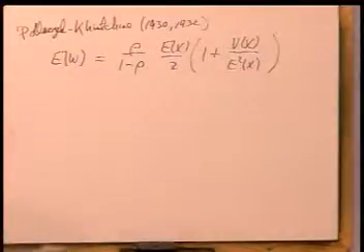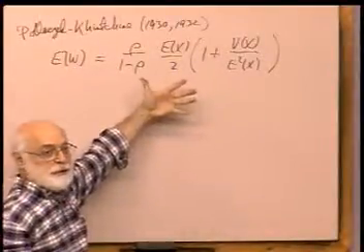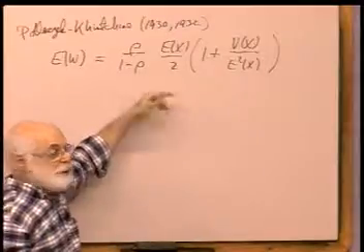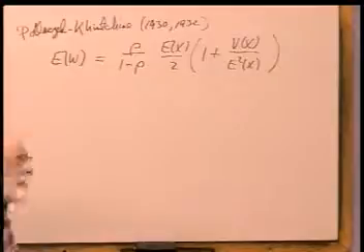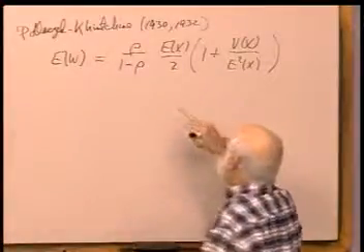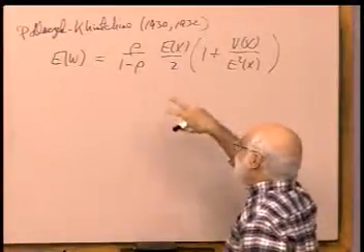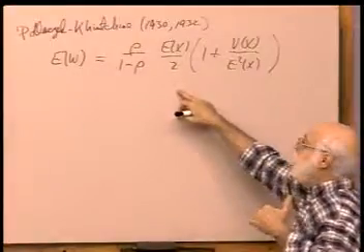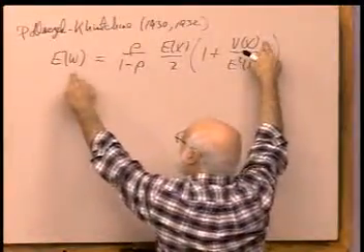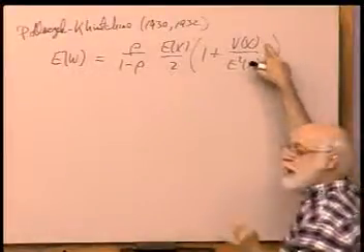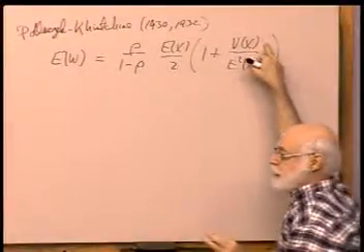So first of all, look how simple this formula is. Amazingly simple. You wouldn't expect that you would be able to get something so simple out of something that's so complicated. And second of all, notice that in this case, the answers are going to be different for the 3 different cases because they all have different variances. So the expected value, average value of the waiting time depends on the variability of the service times.